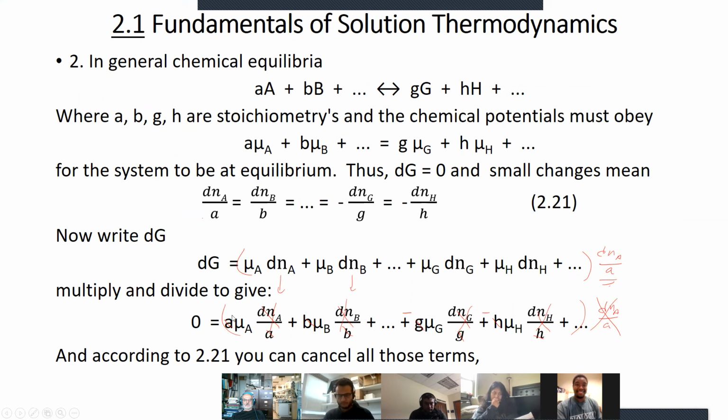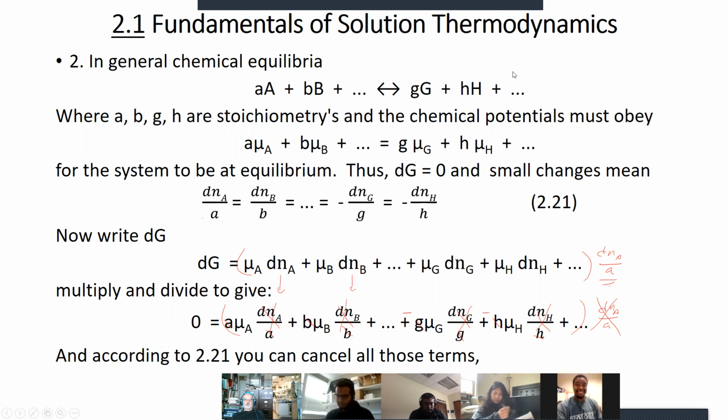Basically we're making a substitution, this substitution up above in here, and then all of these are equal to one another because of this expression. And so you can take them outside. It's equal to 0, so these terms will cancel. So this is the general equilibrium expression.